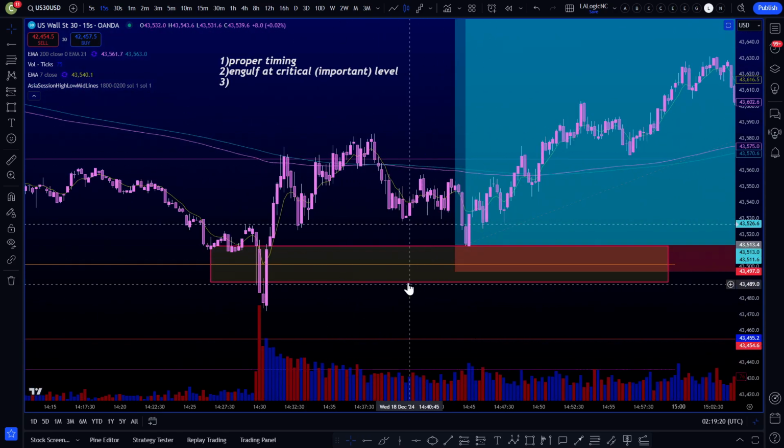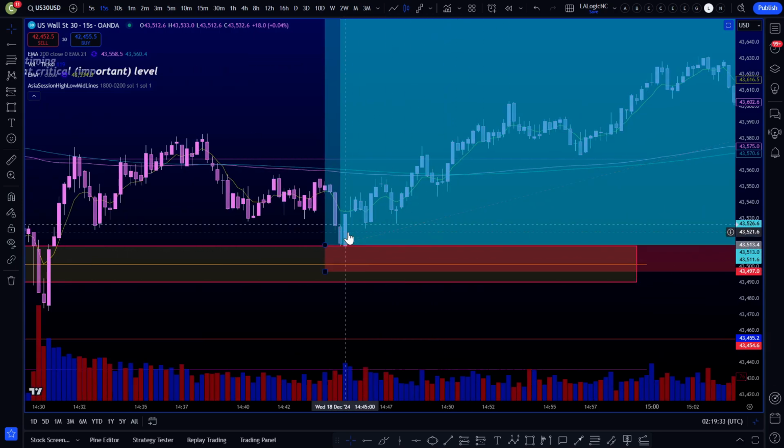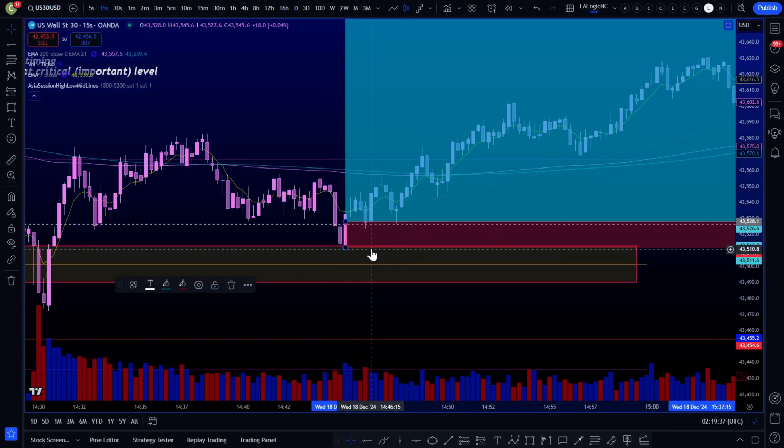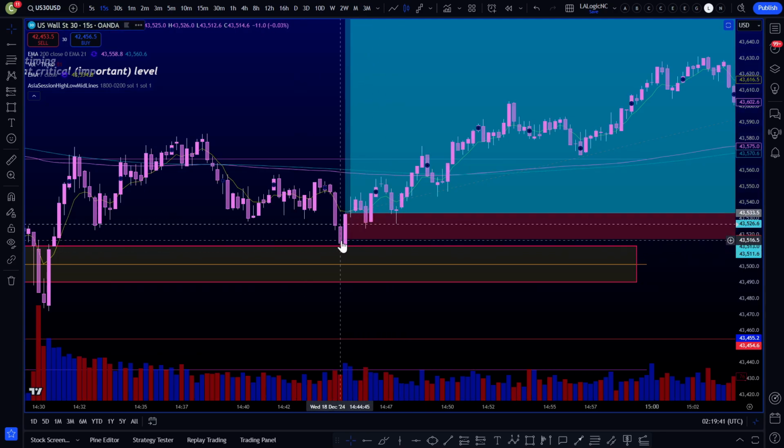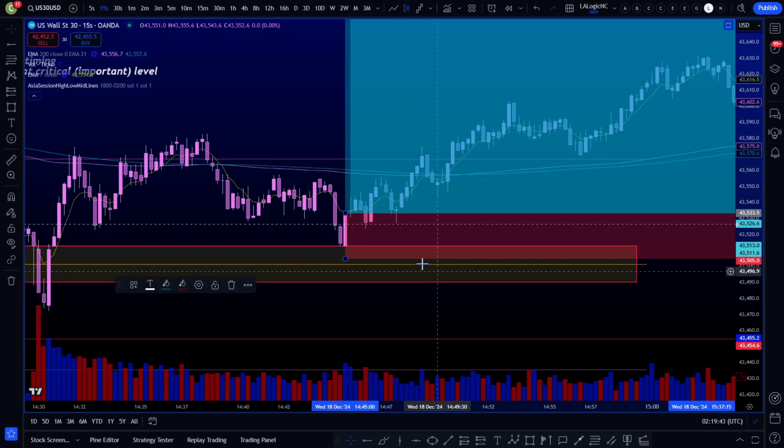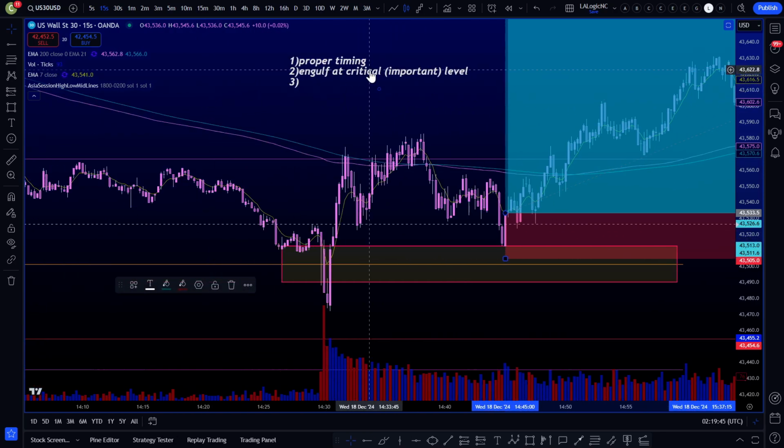7 is a lot quicker, right? You see the 7 EMA right here. You basically came to retest where it got above. Obviously, right now you're underneath, but you're seeing all the engulfing. So say you enter here. Say you enter here. Oh, this is the wrong form. Still, it's near. Proper timing, engulf at a critical, important zone.